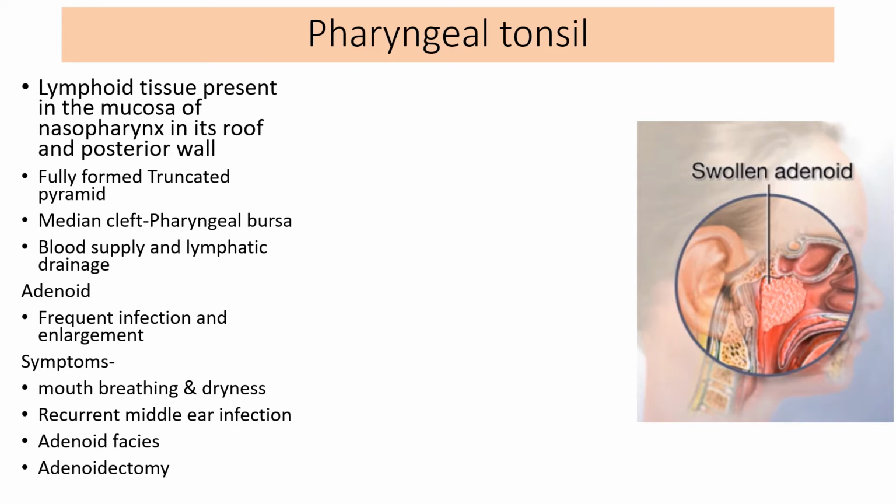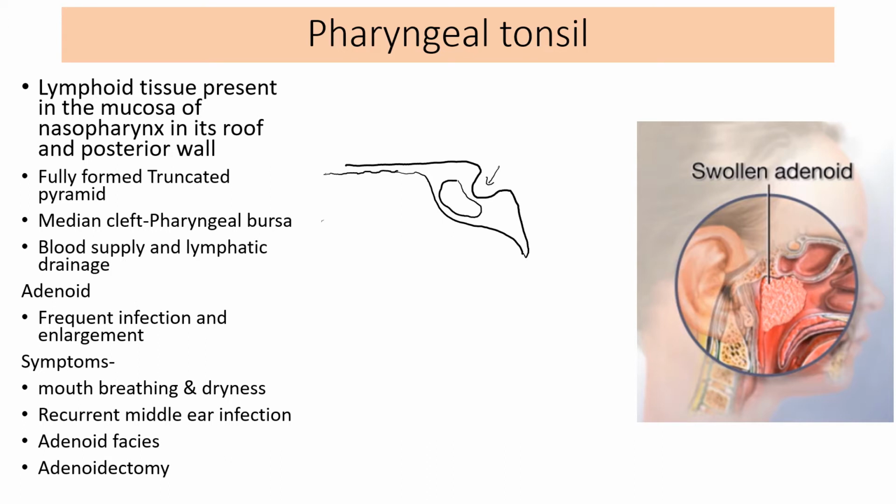If I have to make a diagram to show you the location, this is the floor of the anterior cranial fossa, and one can make it like this, the sella turcica here. This is the space where the pituitary is going to be present, and here is the sphenoidal air sinus.